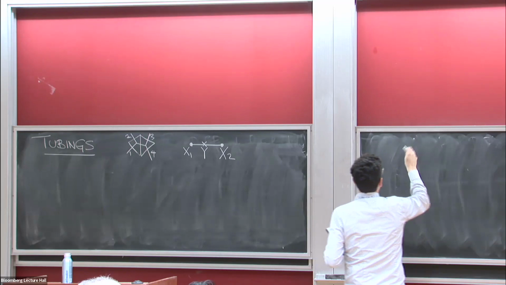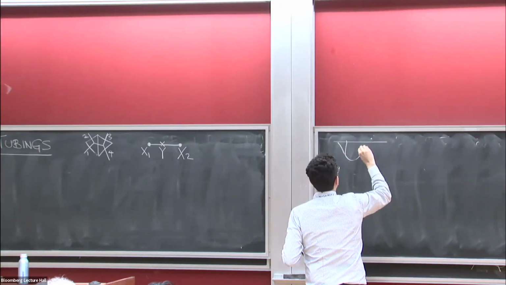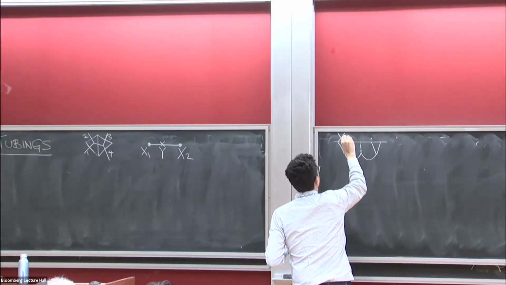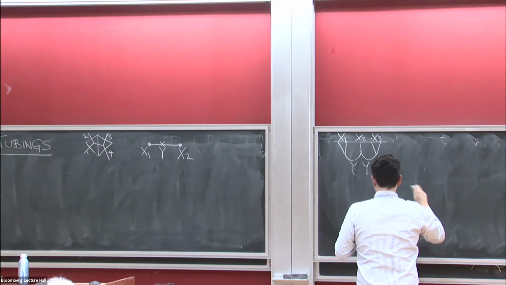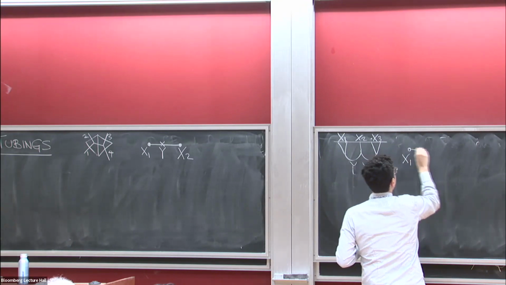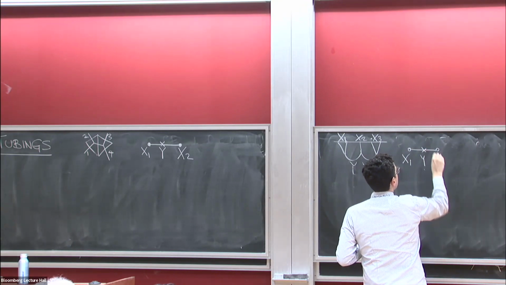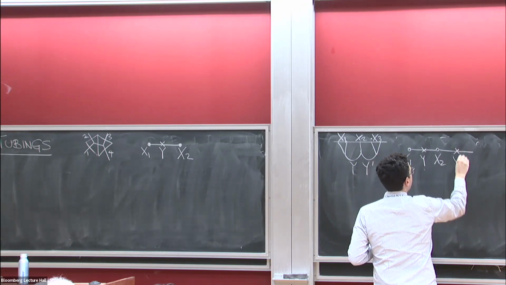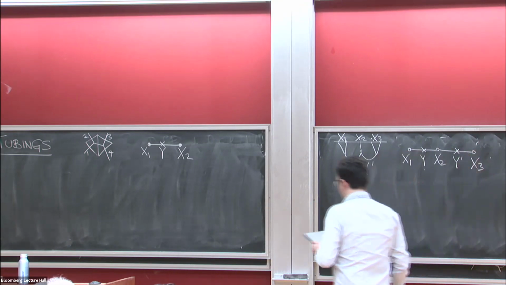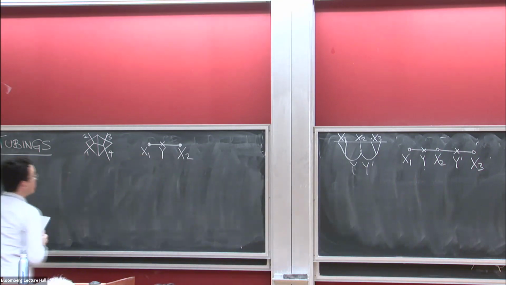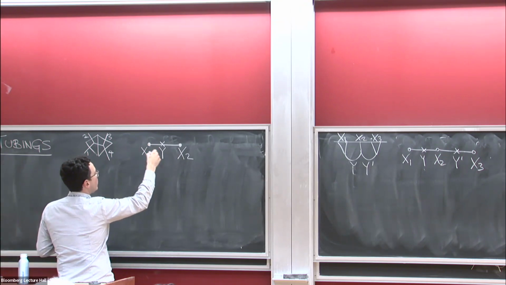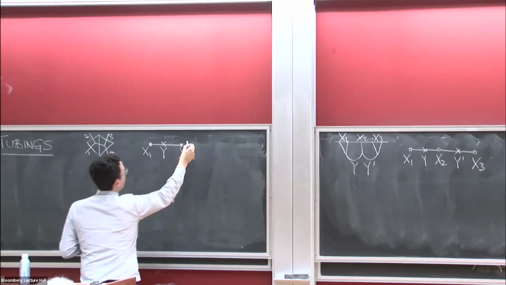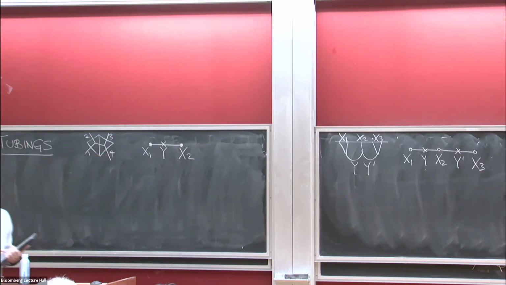So now if we do the 5-point example, x1, x2, x3, y, and y prime. The kinematic space looks just like this: x1, y, x2, y prime, x3. And so the first rule of these tubings is that I need to put little tubes on top of each one of the vertices, and they should not overlap, but they can enclose the cross or not.